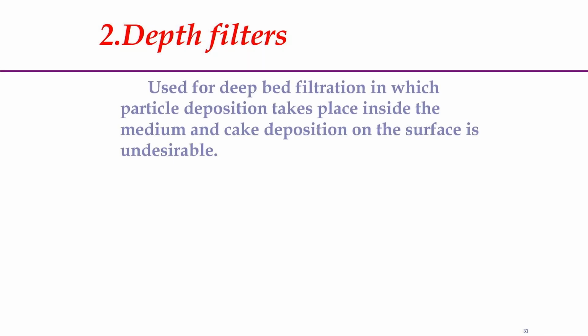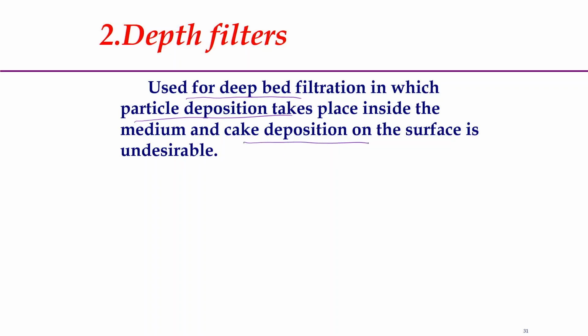Next is the depth filtration, used for deep bed filters. In deep bed filtration the particles are deposited inside the medium, and cake deposition on the surface is undesirable. So, we want to deposit the particles inside.